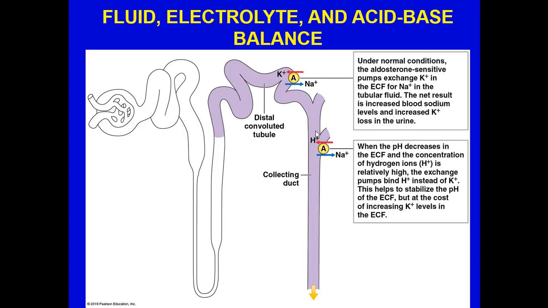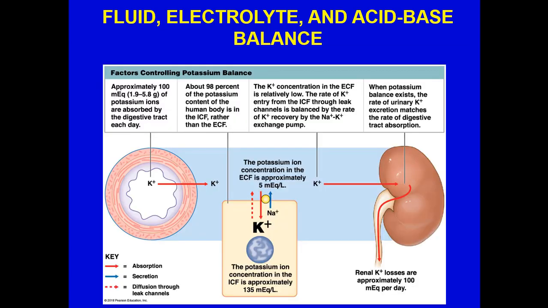If the concentration of hydrogen ions is relatively high, you're going to have the exchange pump bind hydrogen instead of potassium, and this is going to help stabilize the pH of the ECF. But you're going to end up having a cost of increasing the potassium levels in the ECF as well, okay?